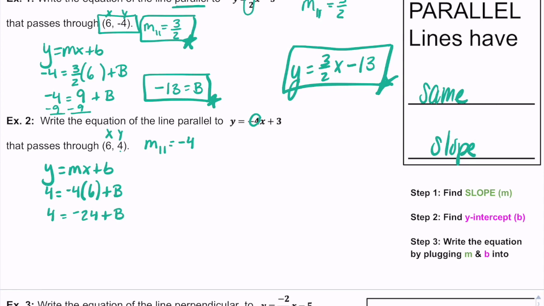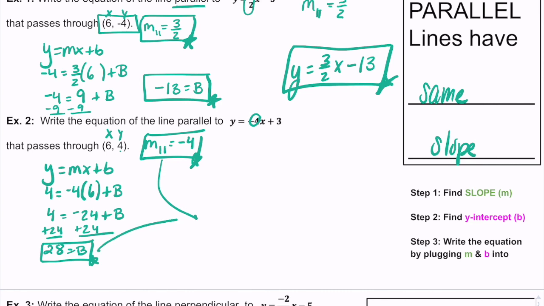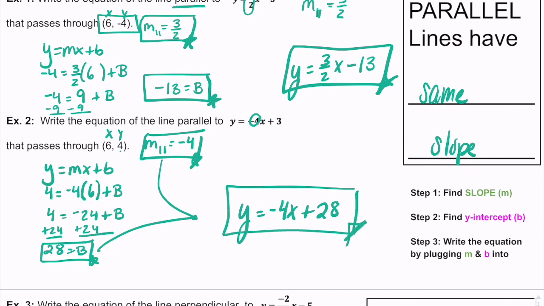To solve for b, we add 24 to both sides, and we get 28 = b. Final answer for our y-intercept. And then the last step is to take that parallel slope and the y-intercept that we found and write the equation. y = -4x + 28, since it's a positive 28.